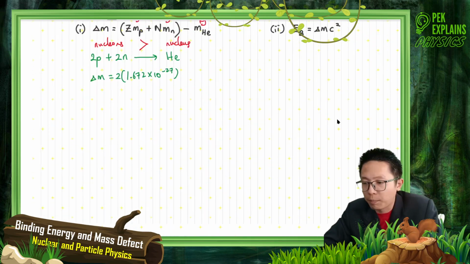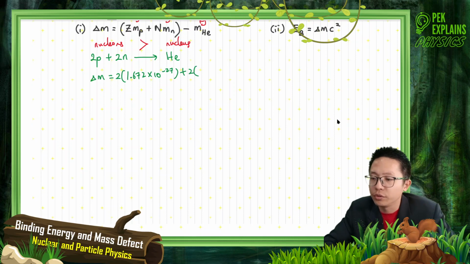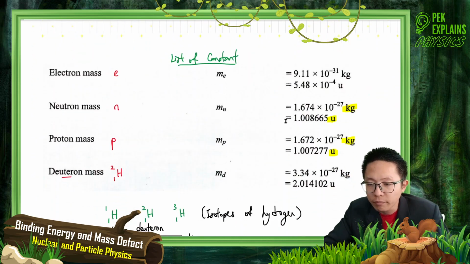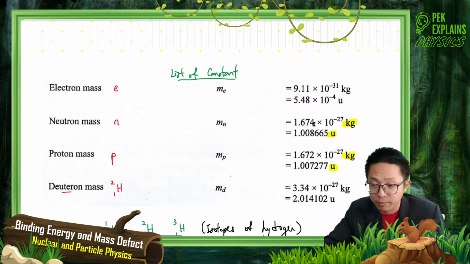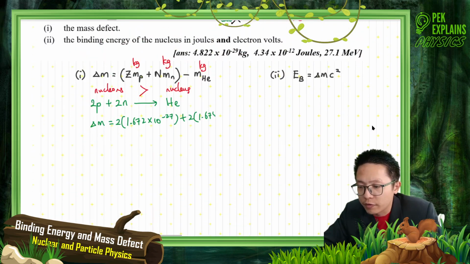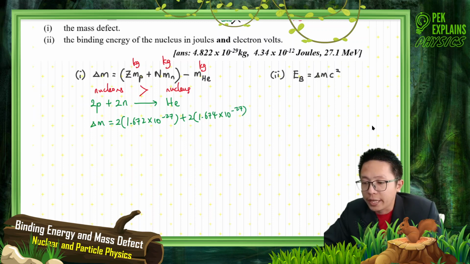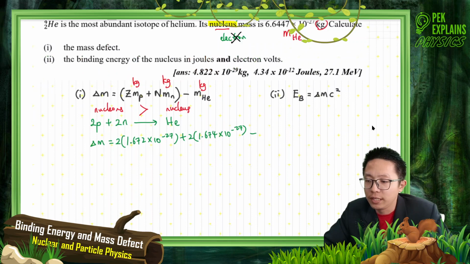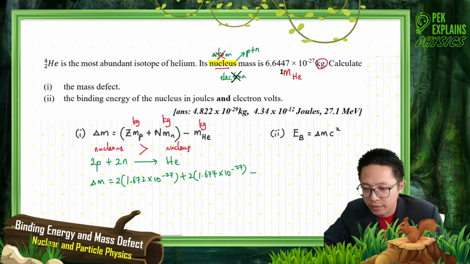And then plus the mass of neutron. Neutron is 1.674, a bigger mass than proton, exponent negative 27. And then now I want to minus the mass of helium. Mass of helium is 6.6447 exponent negative 27.